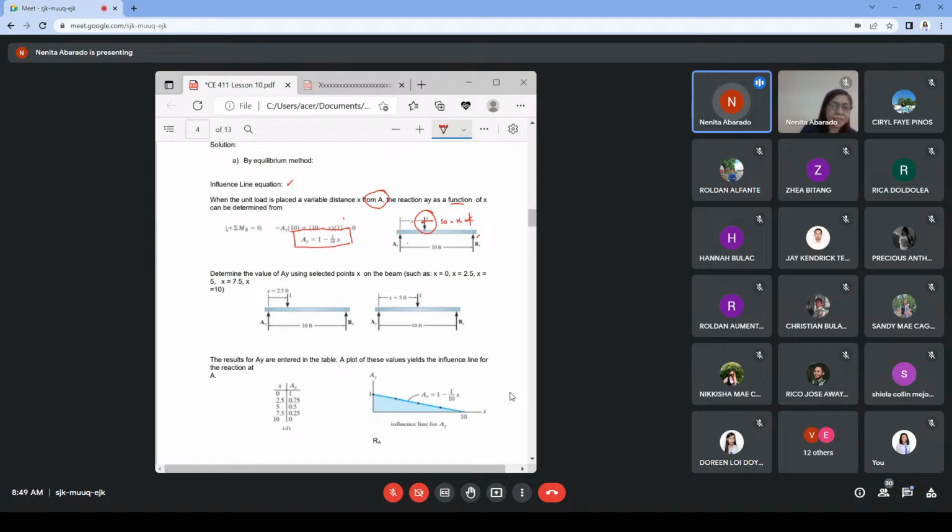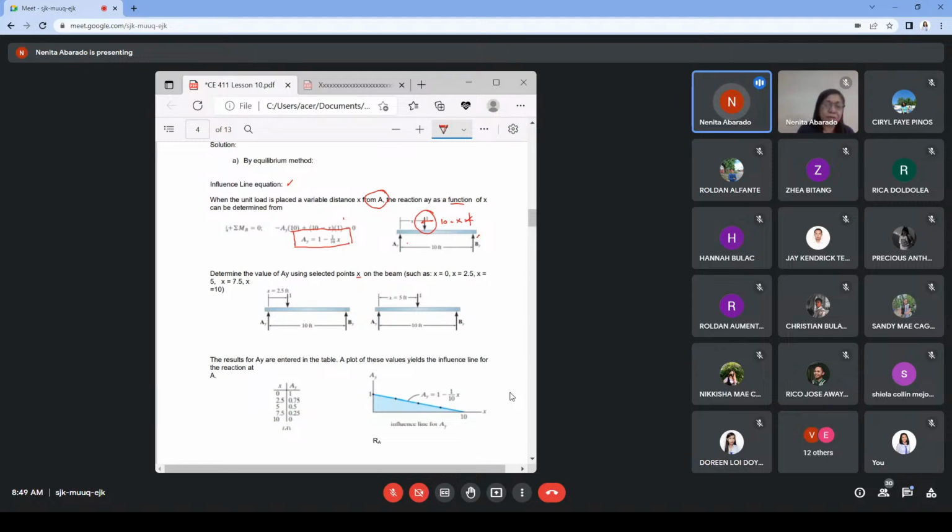So we have already the equation for the reaction A. Yung AY natin is 1 minus 1 over 10 x. Now, we are going to determine the value of AY using selected points x on the beam.